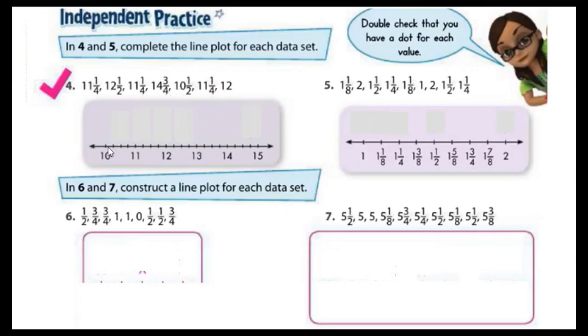So he helped you and made it easy by drawing the number line, dividing it and putting the value under each point. So what you are going to do is to determine the frequency of each point. For example, I'm going to start with the least one here.